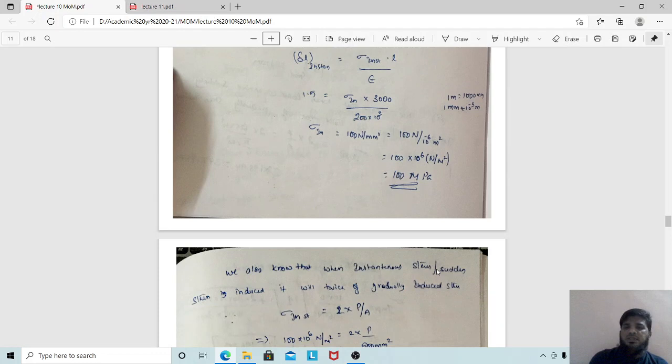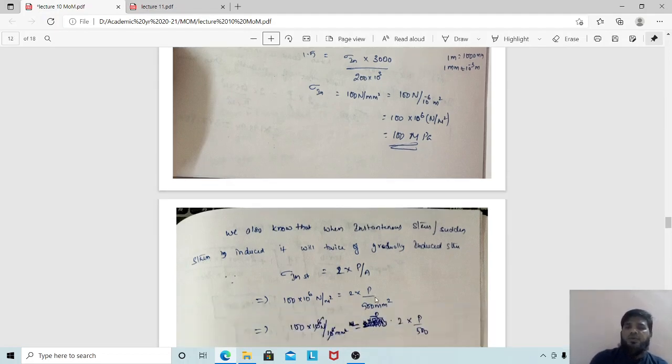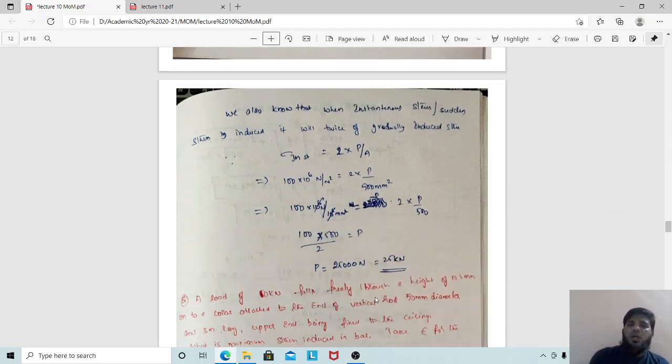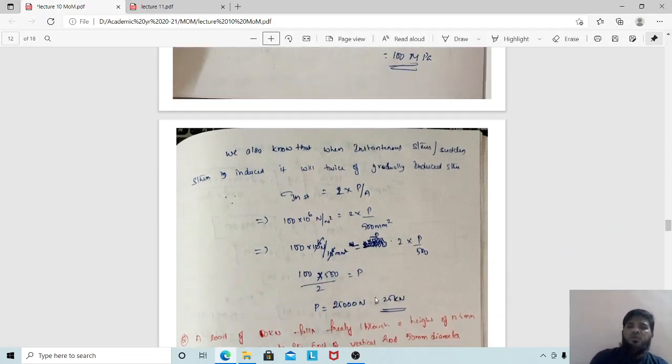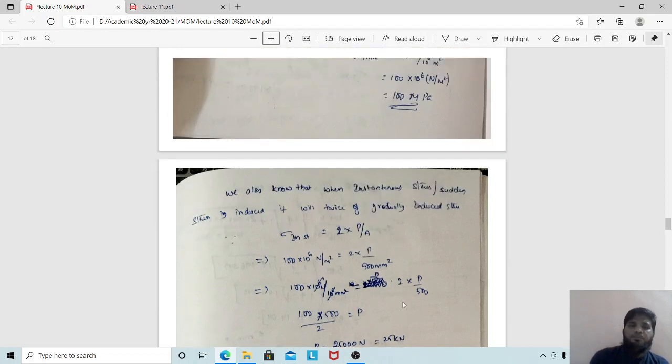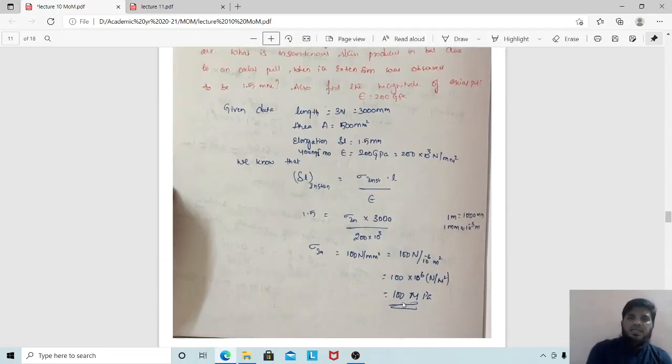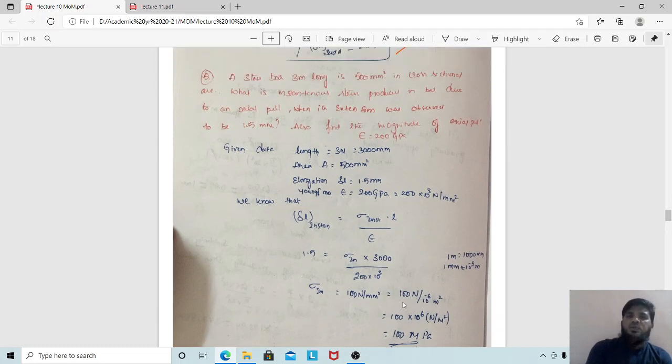We also know that when instantaneous stress is induced, it is about twice the gradual loading. So by using this instantaneous stress, we find the gradual loading, and with that we can find the value of the load acting on the material. They are asking for the instantaneous stress induced as well as the magnitude of the axial pull.